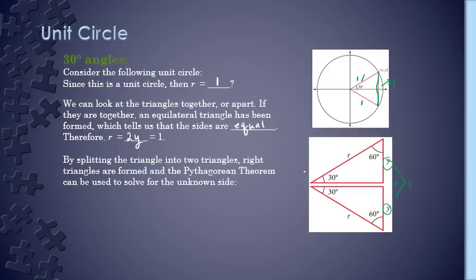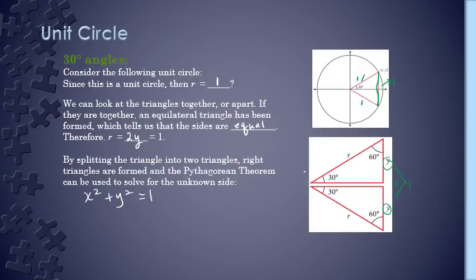All right, and now the Pythagorean theorem comes into play again. By splitting the triangle into two triangles, right triangles are formed, and the Pythagorean theorem can be used to solve for the unknown side. So let's see, what's that going to look like? Well, the Pythagorean theorem, of course, is x to the second plus y to the second, and in our case is 1.